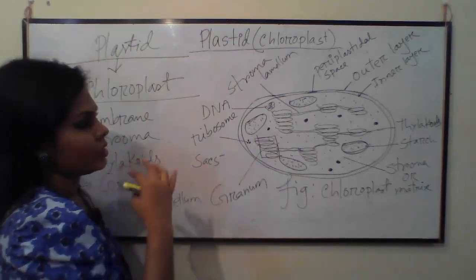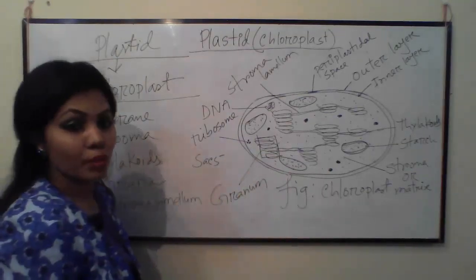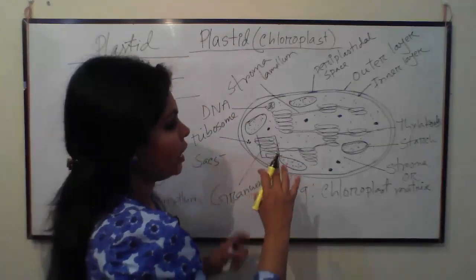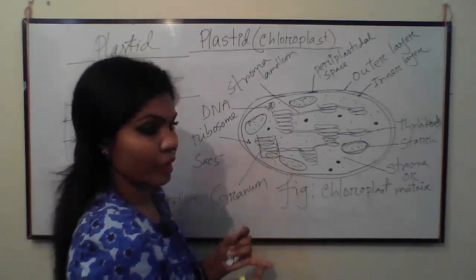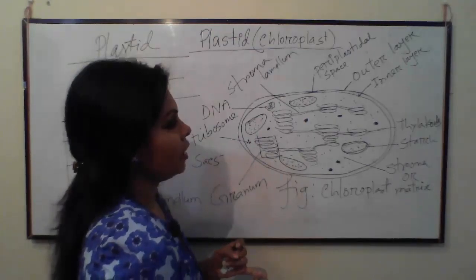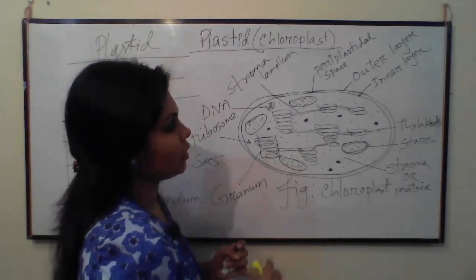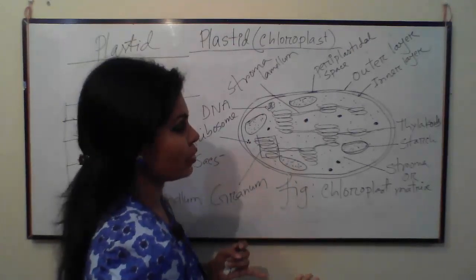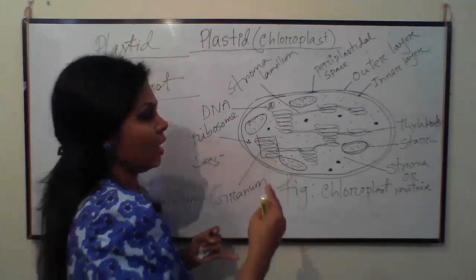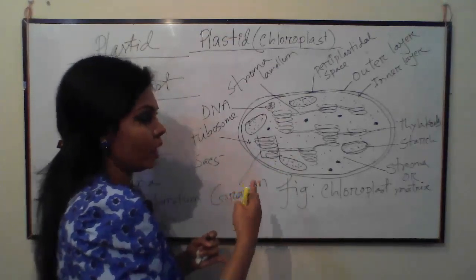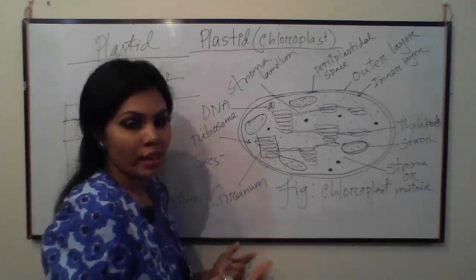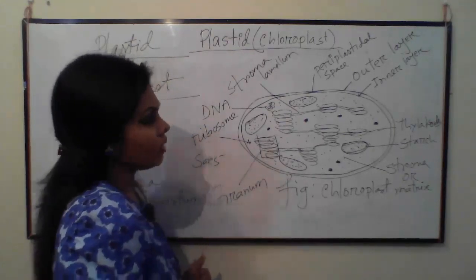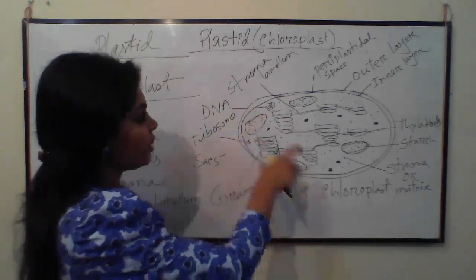If we talk about the chemical composition of chloroplast, the chloroplast contains chlorophyll, carotenoid, lipid, protein, and some RNA and DNA. These are the chemical structure of the chloroplast.